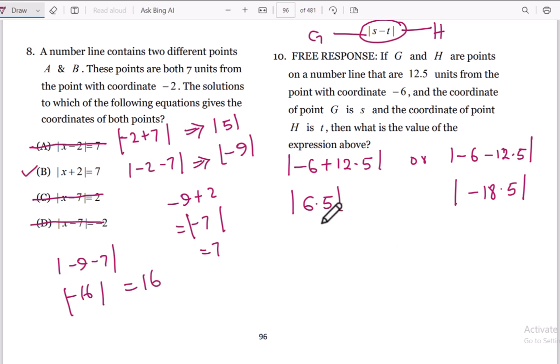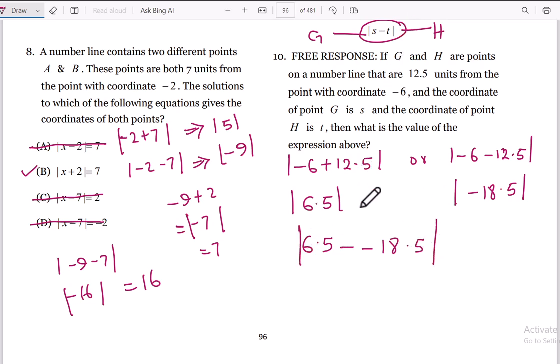So let's check. S is 6.5, minus T, which is minus 18.5. Let's put everything in the absolute value function.